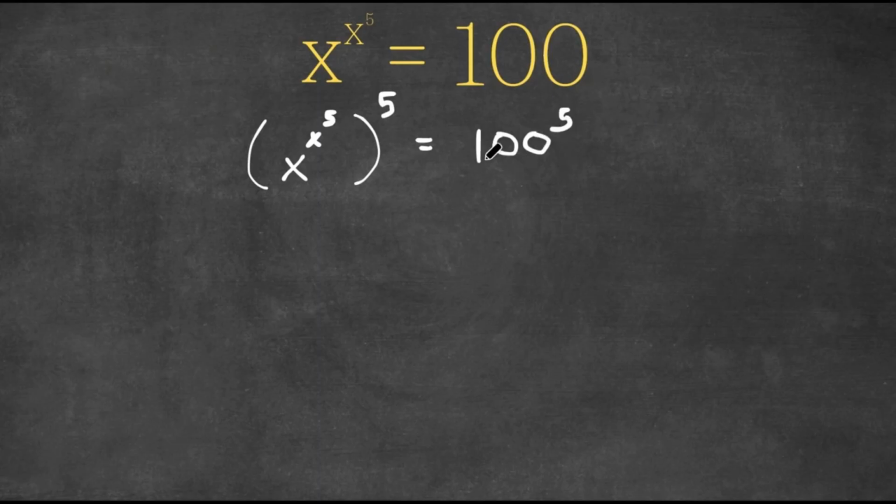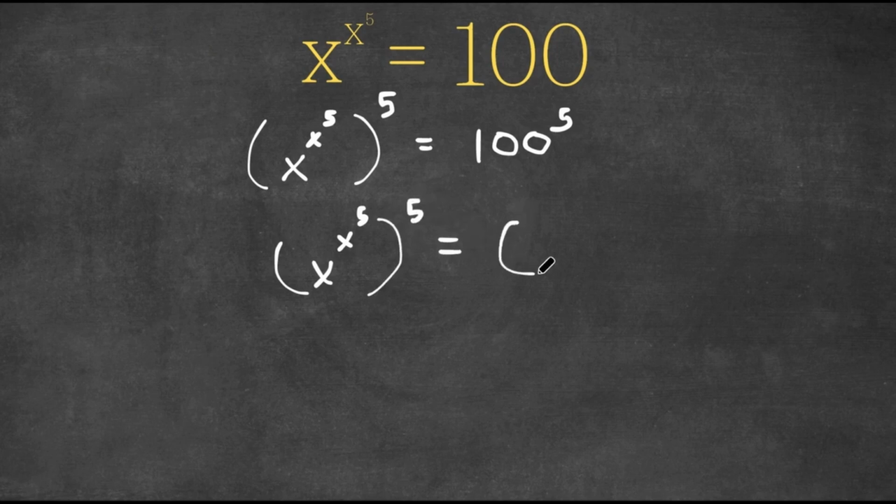Now, I'm going to change the 100 to 10 squared. So now we have (x^(x^5))^5 is equal to (10 squared) to the power of 5.